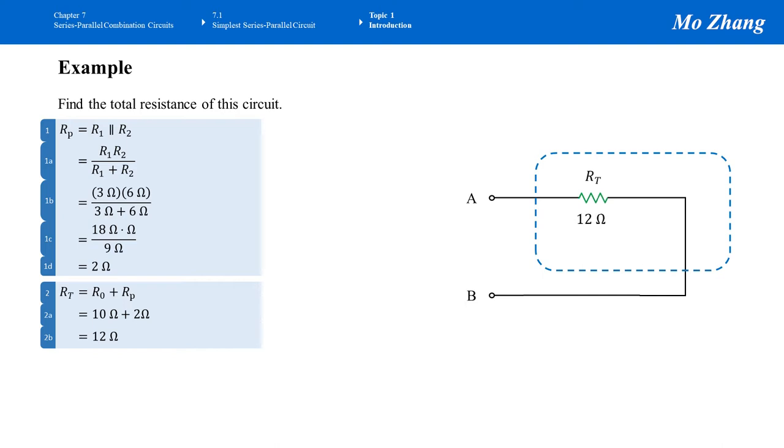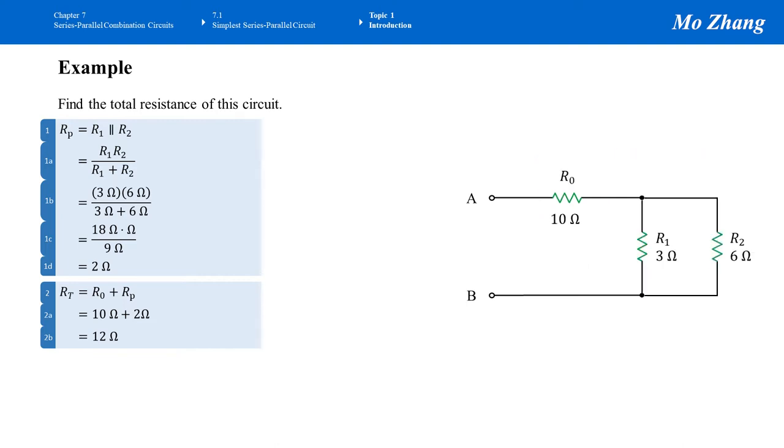So the total resistance of the system equals to 12 ohm. If we put the original circuit back here, that is the same. All the resistors combined equals to 12 ohm. In other words, this system's resistance equals to 12 ohm.